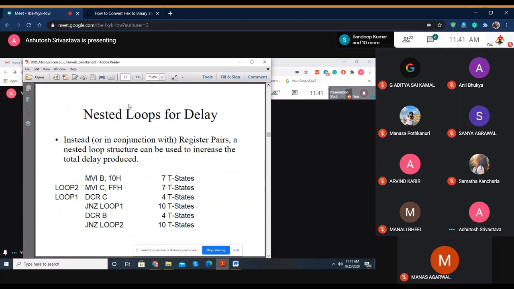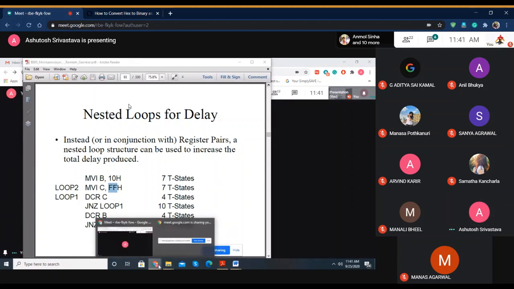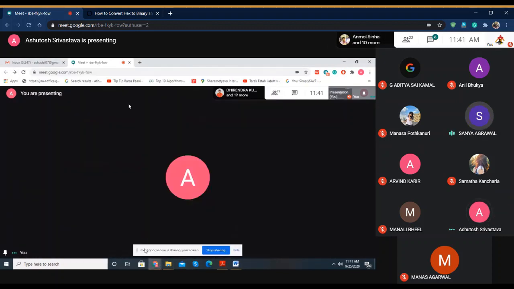Instead of this value, we give a value 1A, and instead of this value, we give a value AA. Am I audible? Yes, sir. Please calculate it fast. Tell us the T states.